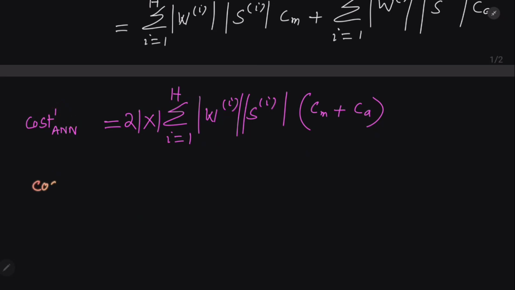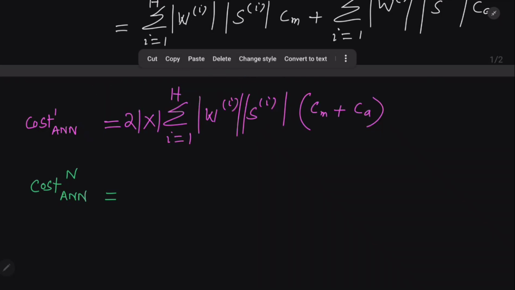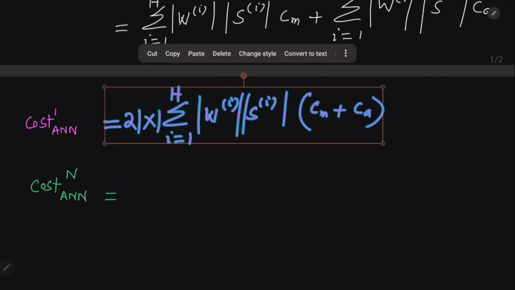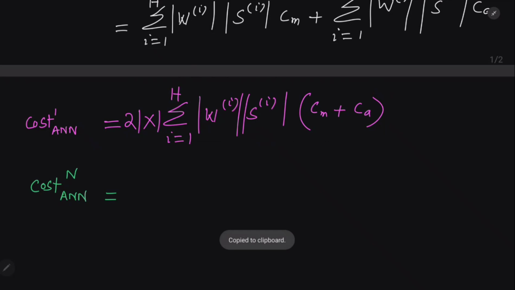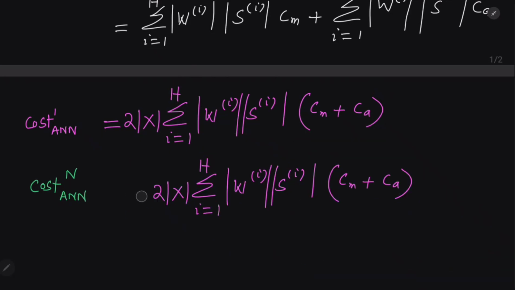But if we have n passes, we simply copy and paste that. So the formula will be n times 2 times x, where x is the sample size.